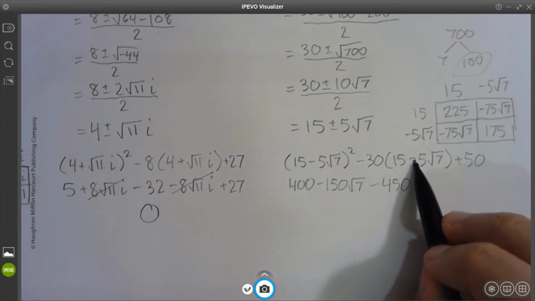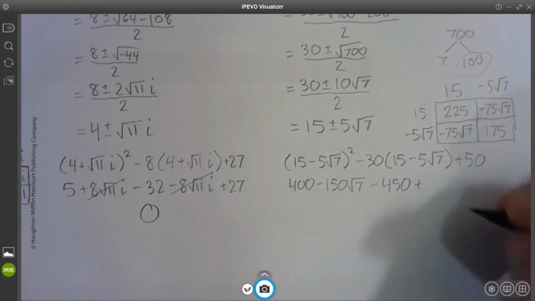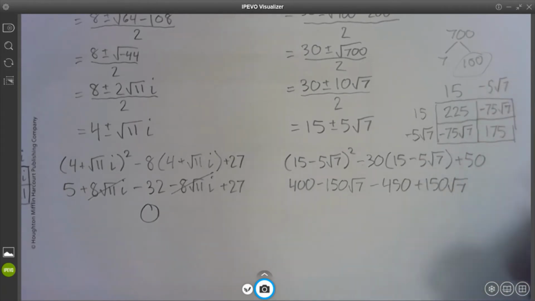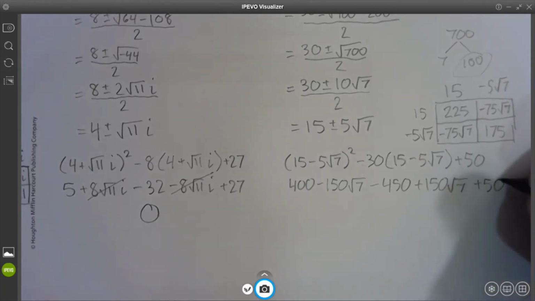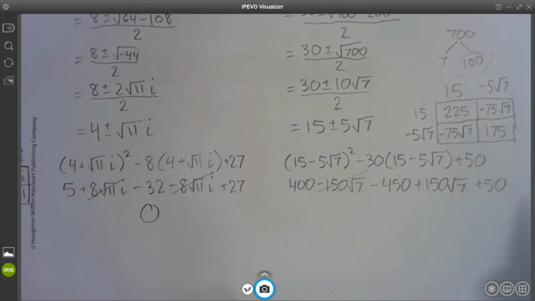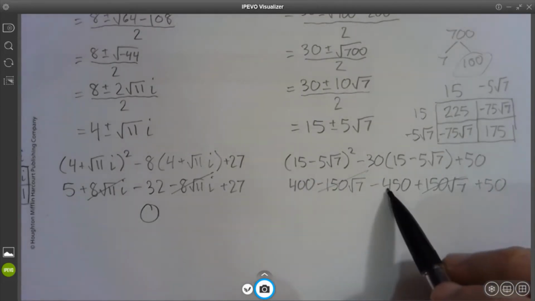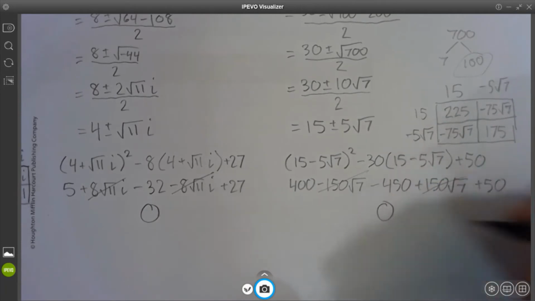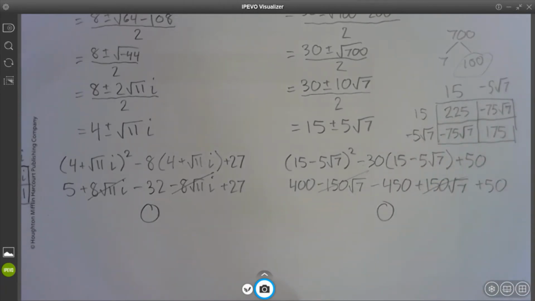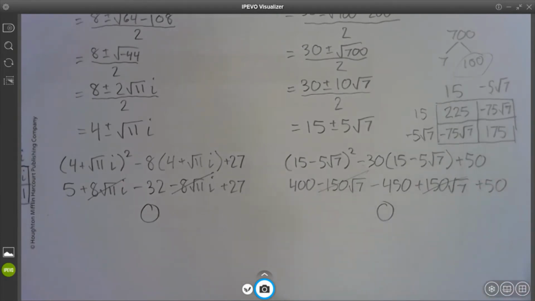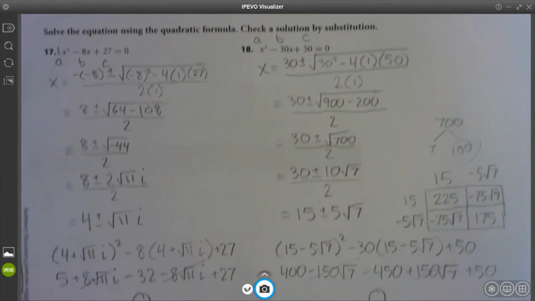Negative 30 times negative 5 is positive 150 root 7, which leads me to believe that I did my math correctly. I have negative 150 root 7 and positive 150 root 7. I have 450 and negative 450, so it does equal 0. All this complicated stuff just to get 0. You gotta love it. Moving along.